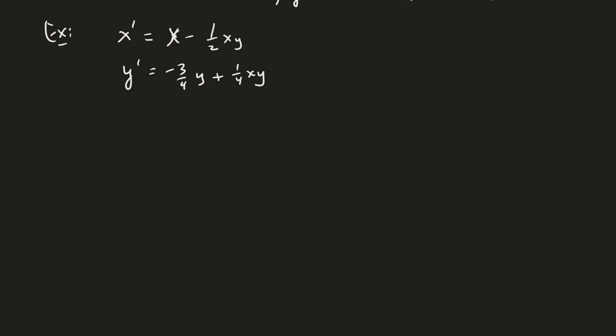We said in the other example that we had two competing species models. Do we have competing species models here? Well, first off, you might notice that in the absence of the other, x prime is just x, right? Which is increasing, kind of an exponential growth model. And in the absence of the other, y prime is decreasing.